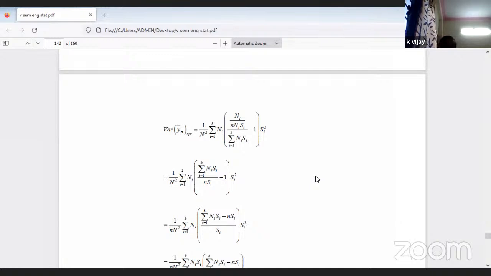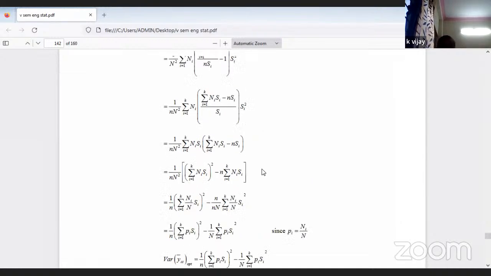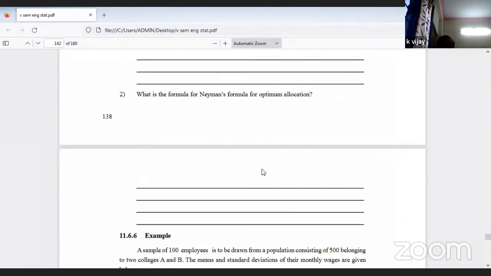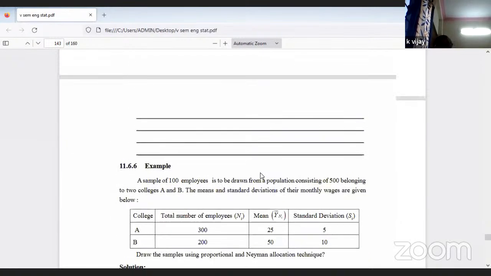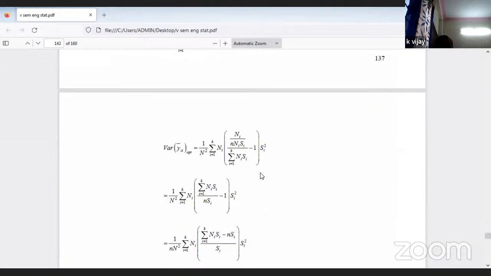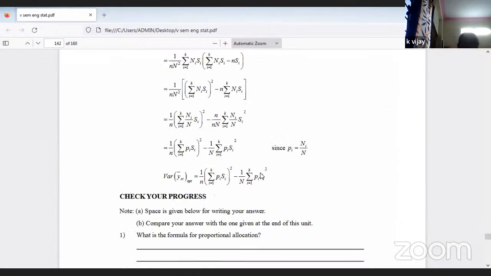Simplifying ni n into small into capital Ni si minus 1 by summation of i equal to 1 to n. That is, numerator by denominator minus 1, then we get the values we need below. It is a very important unit. Any doubts? You should practice this also. Any doubts, ask me.